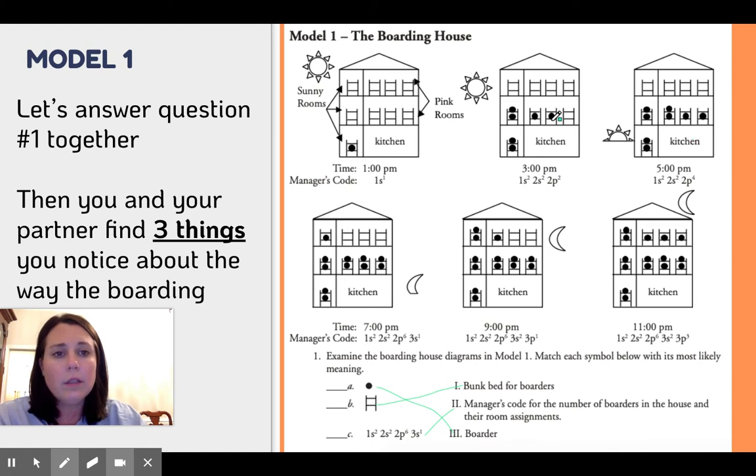It also looks like they're putting people in their own bed before they start adding someone to the top bunk, which is nice. I would prefer that if I was staying in a house. I would like to have my own bed if possible. So I would be grateful that they're putting, like here you can see these three people in their own bed before they went back and added that fourth person to the top bunk.